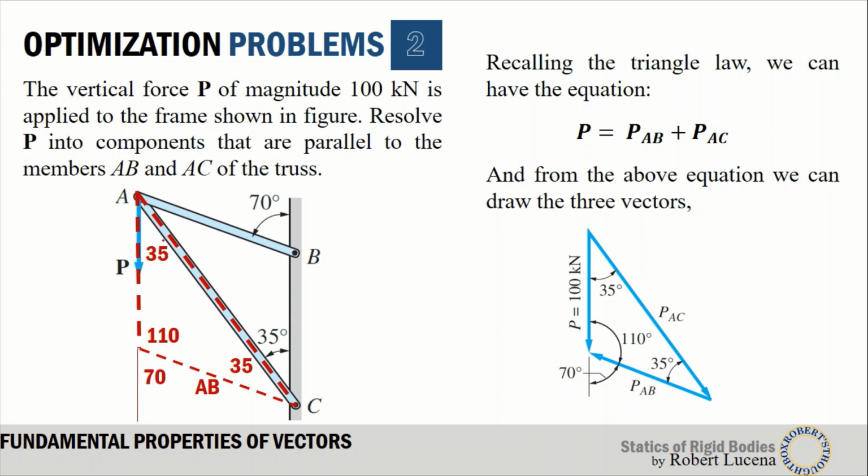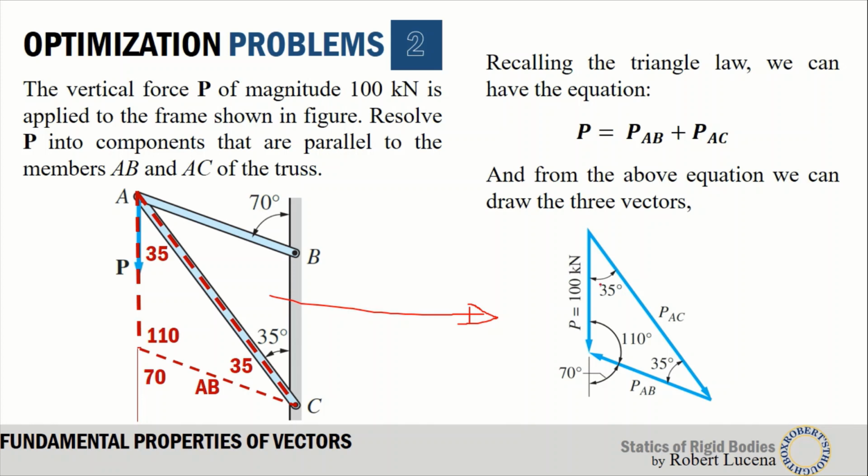Okay? And that would yield this diagram here, wherein the resultant P is connected from adding vectors PAC and PAB. So if we add PAC and PAB, we start drawing PAC, then connecting PAB, then to get the resultant, you start by drawing it from the tail of PAC to the tip of PAB.